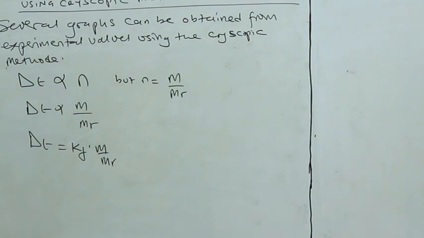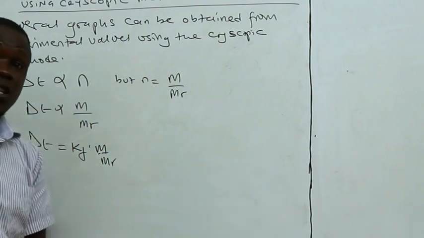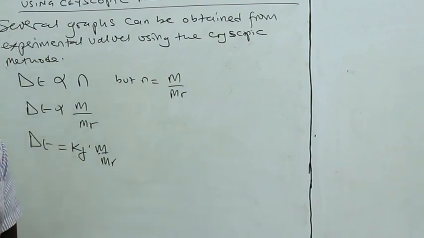Now, in our experiments, we don't get ΔT, but we get the freezing point of the solutions varying. So if I keep varying the mass of the solute, when the mass of the solvent is fixed, I'll keep getting different freezing points of the solution.